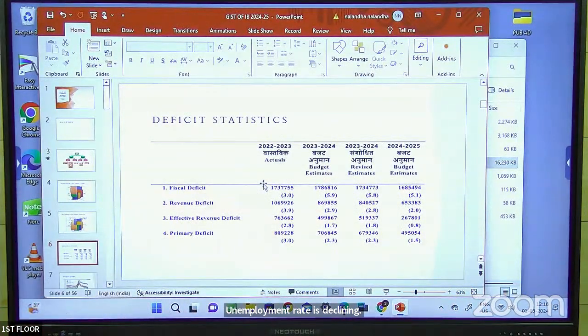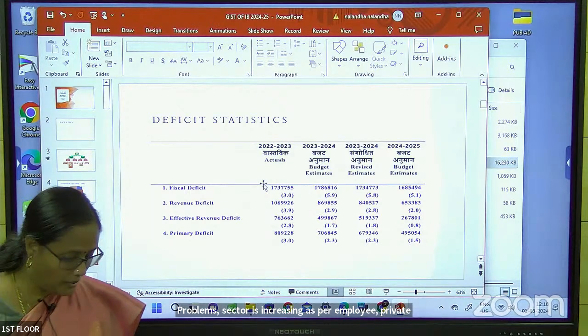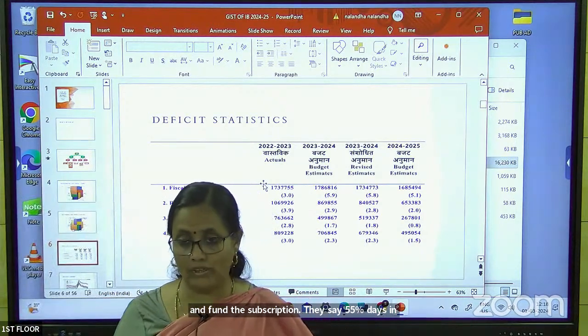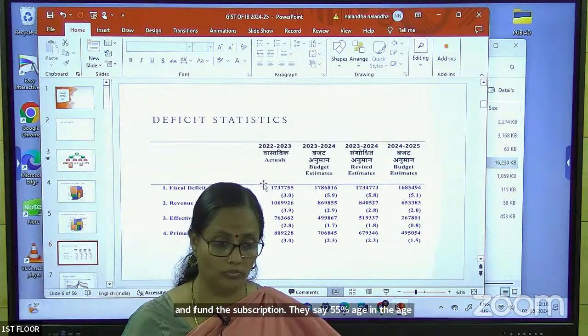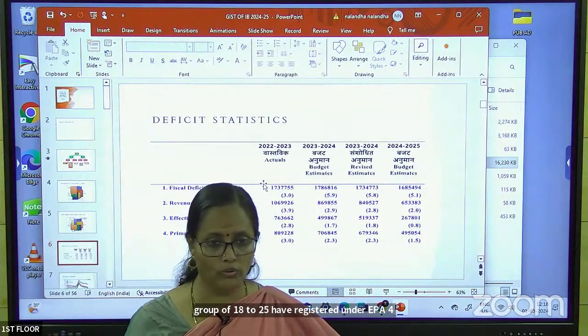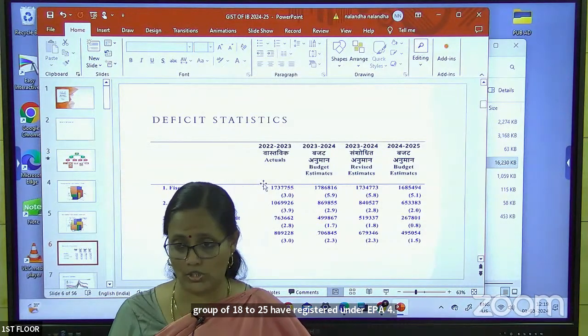Formal sector is increasing as per Employee Provident Fund subscription. They say 55% in the age group of 18 to 25 have registered under EPFO. EPFO is one way to measure the formalization of the sector.